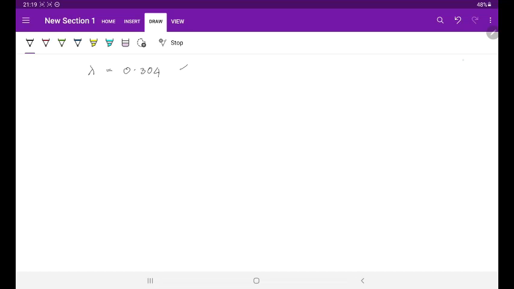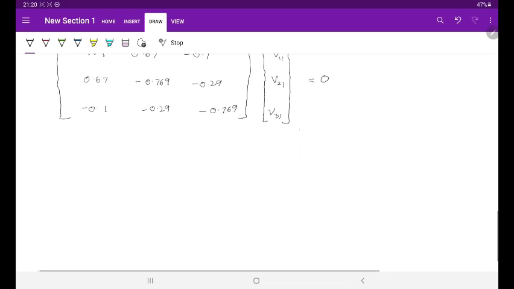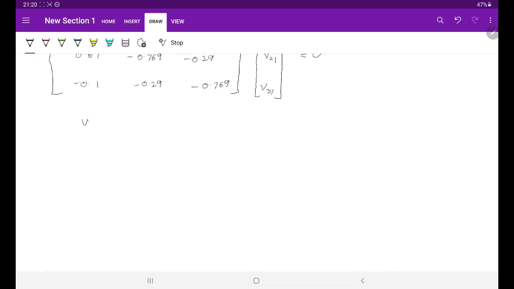We can find this by substituting lambda equal to lambda 1 in A and multiplying A with the first column of V, that is, now by solving for the equation we would be getting V11 equal to 0.064, V21 equal to 0.69 and V31 equal to 0.34 negative.